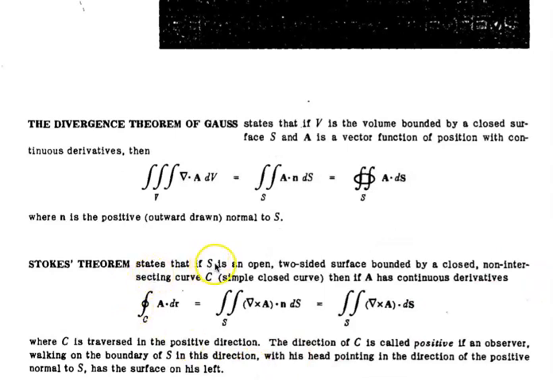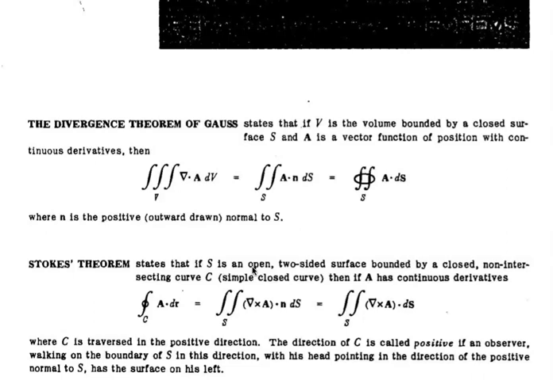It states that if S is an open two-sided surface, like the tabletop that you may be sitting near. So it's an open surface bound by a closed non-intersecting curve, so a curve all the way around the edge of your desktop, let's say.